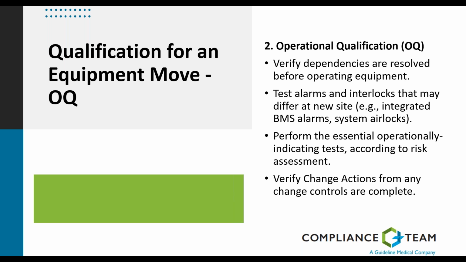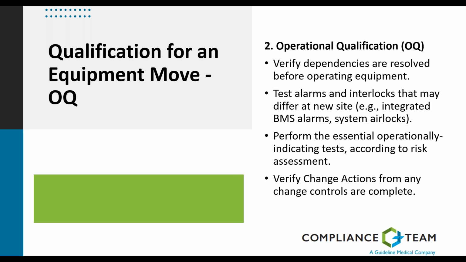But if the equipment hasn't actually operationally changed, you might want to check something like a performance test, an operating indicating test, like a linearity test, where you put in some standards and verify that it's appropriately linear to the right correlation coefficient. But you may not need to do a full qualification.